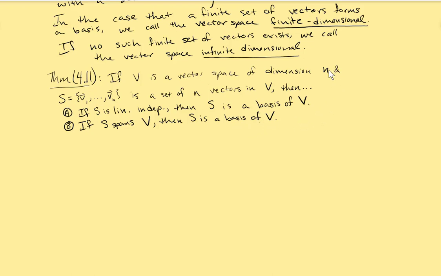Without knowing the right dimension and that you've got a set with that many vectors in it, you have to check both requirements, linear independence and that it spans the space. But if you already have a set with the right number of vectors to match the dimension of your vector space, you only have to check one or the other. You get that it's a basis for free.